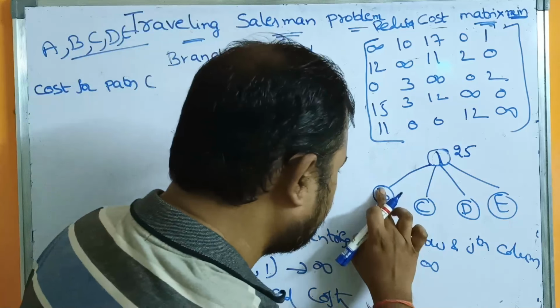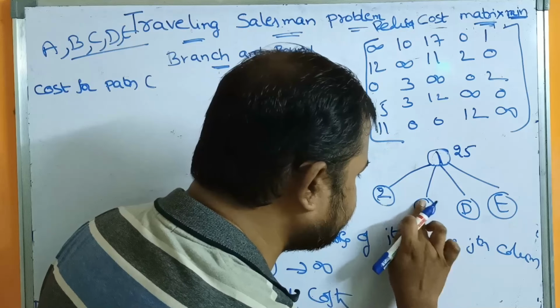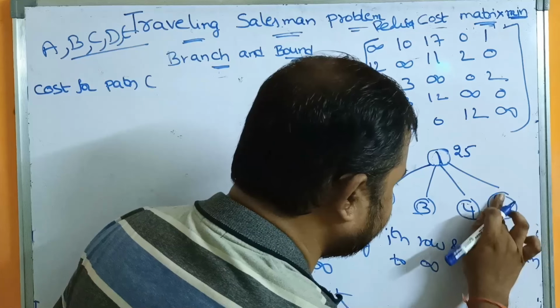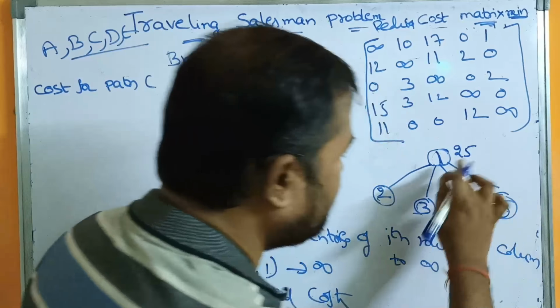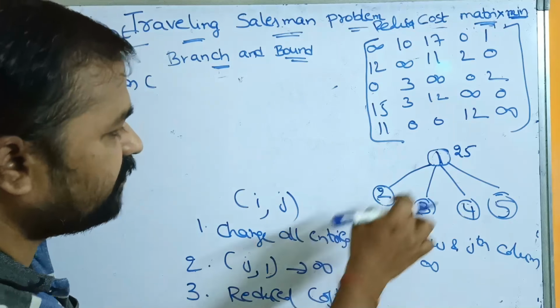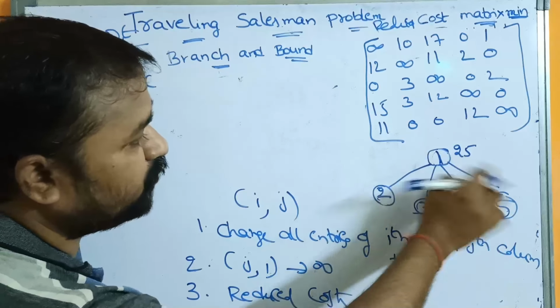A vertex is nothing but a city: second vertex, third vertex, fourth vertex, fifth vertex. The cost of the first vertex is calculated. That is 25. Now we have to find out the cost from 1 to 2, 1 to 3, 1 to 4, 1 to 5.